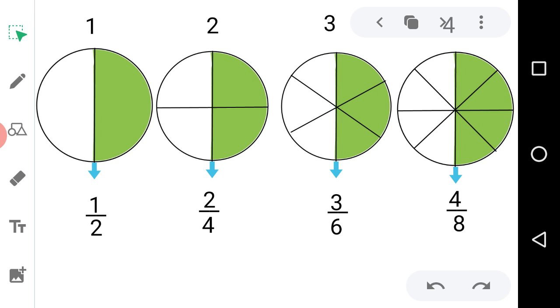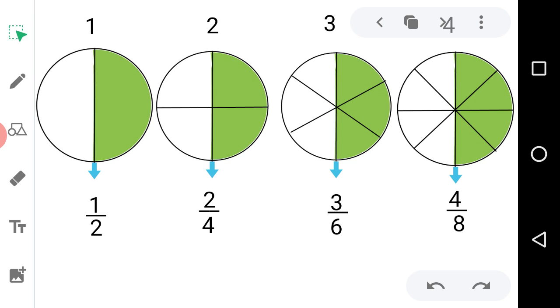See, all the circles are of the same size. Each circle has been divided into a different number of parts. So the fraction for the colored part of each circle is half. Half of the circle is colored.